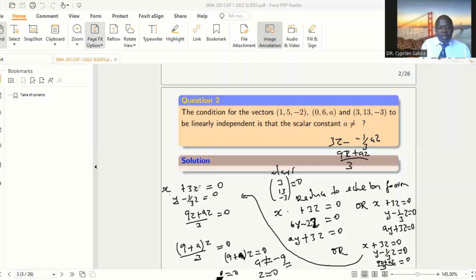And if z is 0, you just put it here, and you will find that again y will be 0. So if y is 0 and z is 0, put them here, and x will also be 0. That would mean that these vectors are linearly independent. So the condition that the question wanted us to find was this: a should not be equal to negative 9.